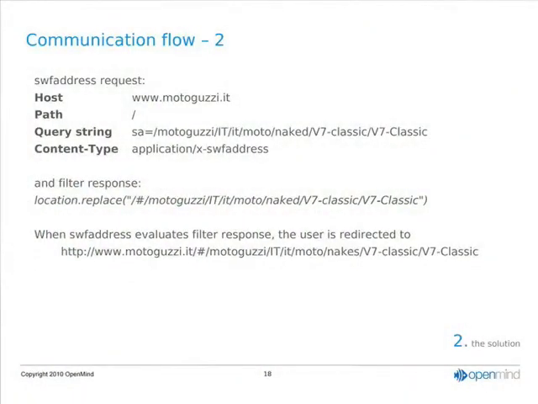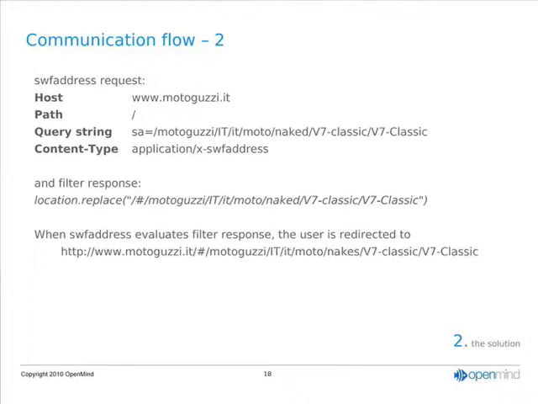For example, this is the request sent by the SWF address optimizer script, where we can see that there is an SA parameter with the path value, okay?